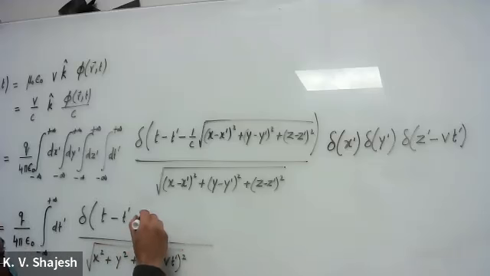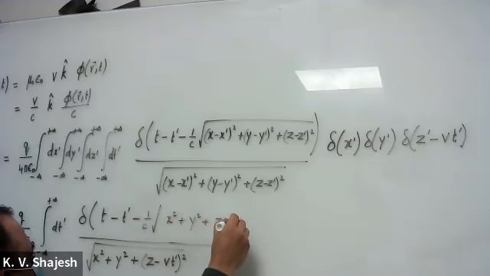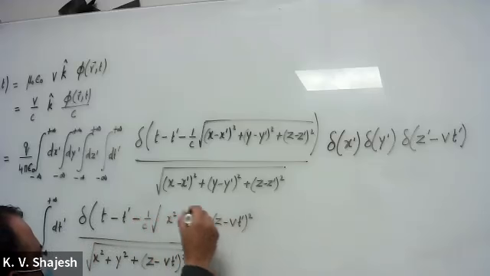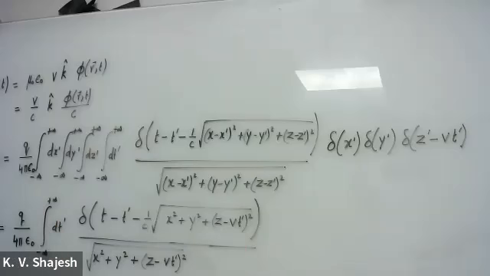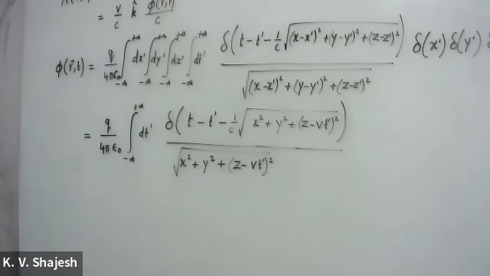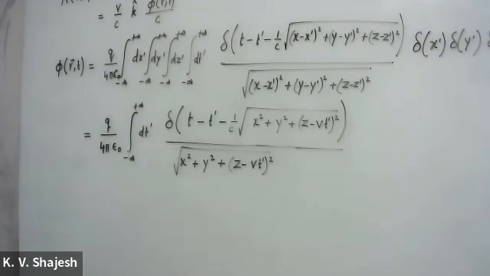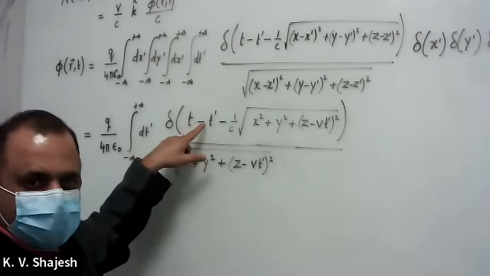And here the same thing, 1 over c times the square root of x squared plus y squared plus z minus vt prime squared. That should also be straightforward in the sense that the delta function is typically easy to work out.